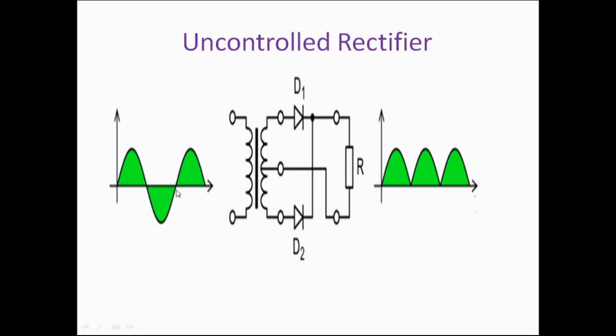This is one complete cycle. If you integrate from here to here, what happens? All positive is cancelled by negative part. So average value you will get 0. The DC value of this power is 0. This is a pure alternating current.